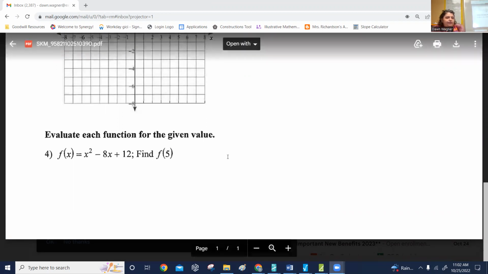Okay, so this one is in function notation. When it's in function notation, you are just replacing the x with the 5 and working it out. That's all. And it says find f of 5. That's saying find the value of the output when the input is 5. So I'm going to put 5 everywhere I see an x.